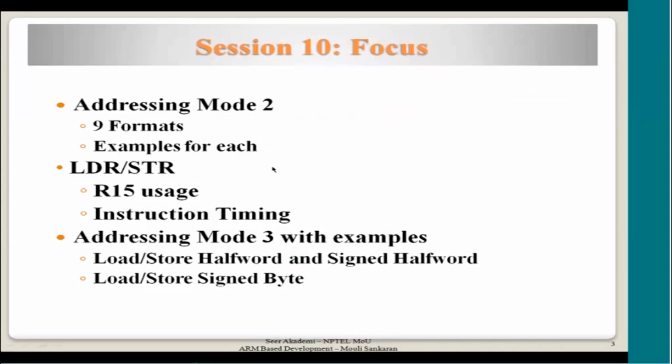Whenever we use R15 in an instruction, we need to be careful and aware of what is different. I will also cover the instruction time for executing LDR or STR: how much time it takes and what the different cycles used by that instruction are. Then we will touch upon addressing mode 3 for today.